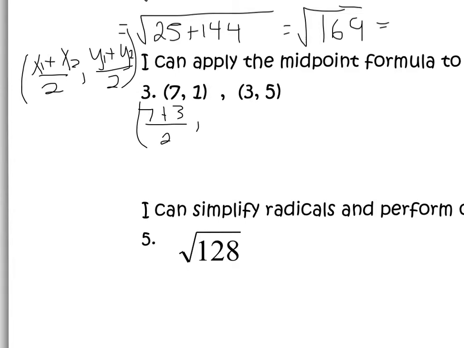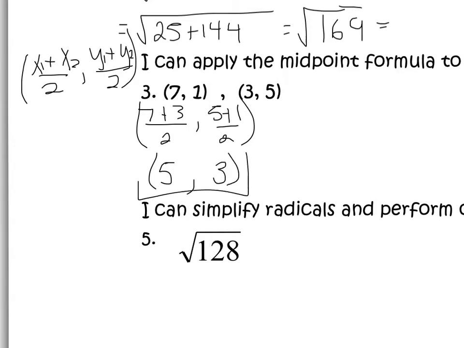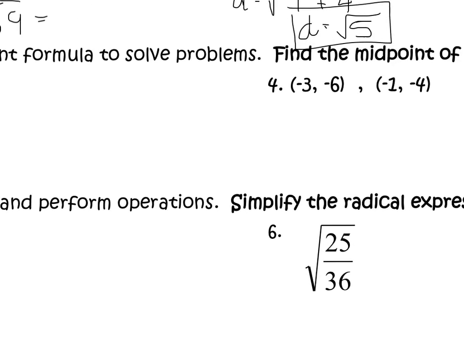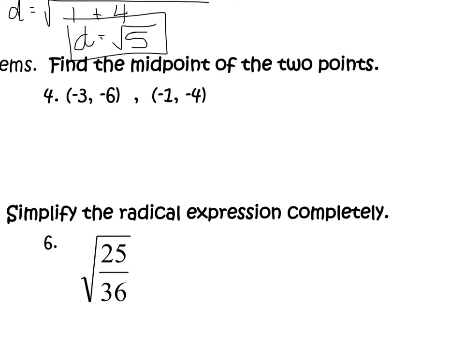And y plus y is 5 and 1 divided by 2. 7 and 3 is 10 divided by 2 is 5. 5 and 1 is 6 divided by 2 is 3. Wham bam.